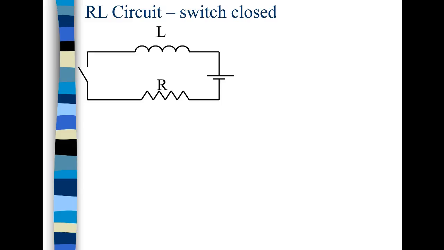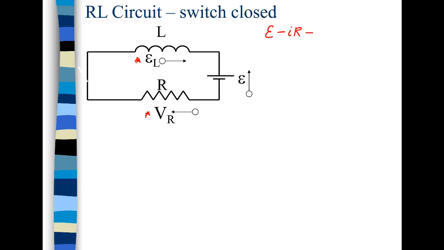So when we close the switch here, we're going to have an EMF in the battery, and then we're also going to have a back EMF, which is this EL in the inductor, and we're also going to have a voltage drop in the resistor. So using Kirchhoff's laws, the total voltage drops and gains in a total loop is going to be equal to 0.